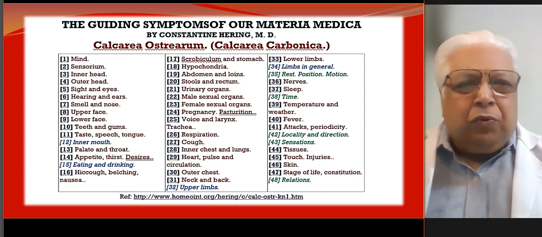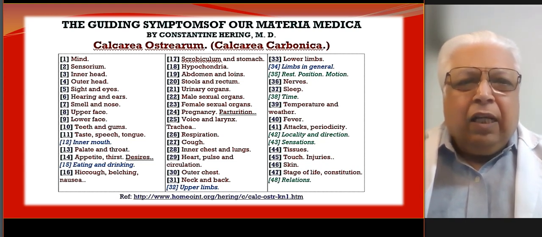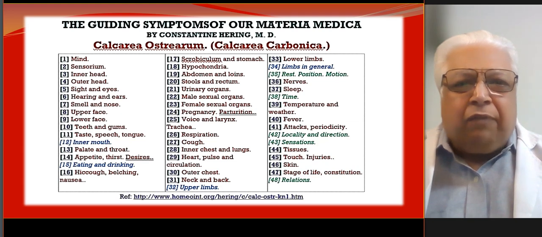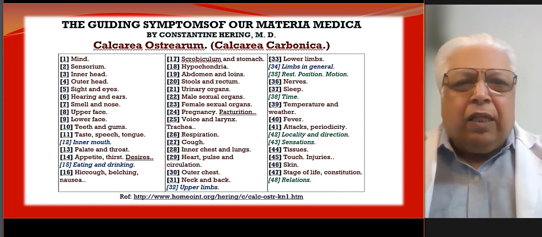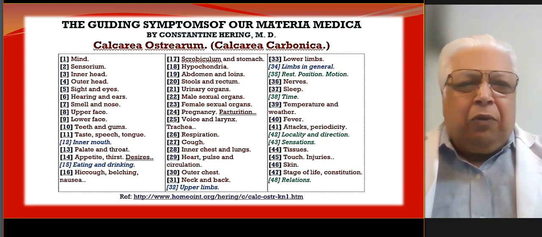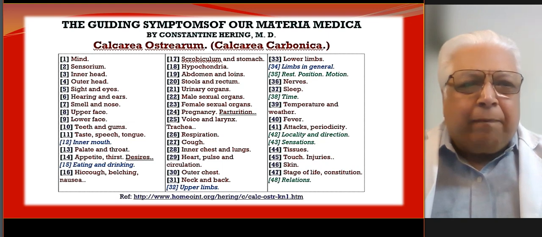Next important issue is that he has used this remedy clinically in certain conditions, and whenever he came across a positive result, these rubrics or symptoms, the PQR symptoms which were clinically verified by Hering, were the only ones taken up for this study.